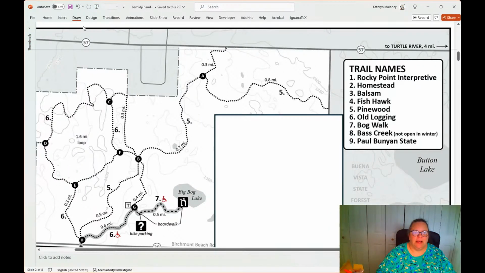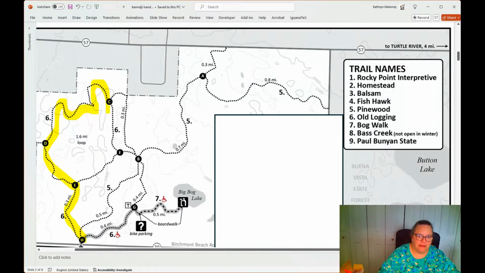All right, I'm going to get my marker here because where are we going to be hiking for this first one? We are going to start down here at H, and we're going to walk and then do this whole loop. All right. And then we're going to come straight back. So we need to figure out, well, how far is that?